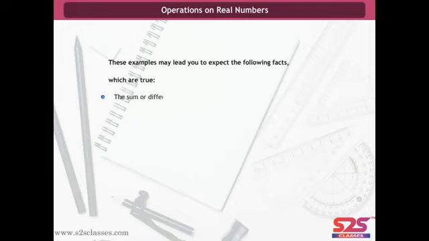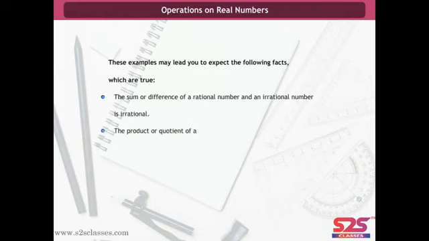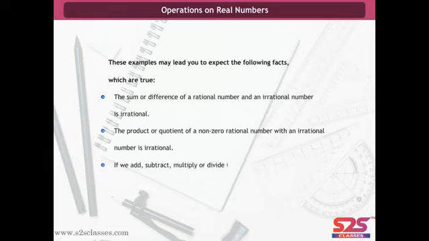The sum or difference of a rational number and an irrational number is irrational. The product or quotient of a non-zero rational number with an irrational number is irrational. If we add, subtract, multiply or divide two irrationals, the result may be rational or irrational.